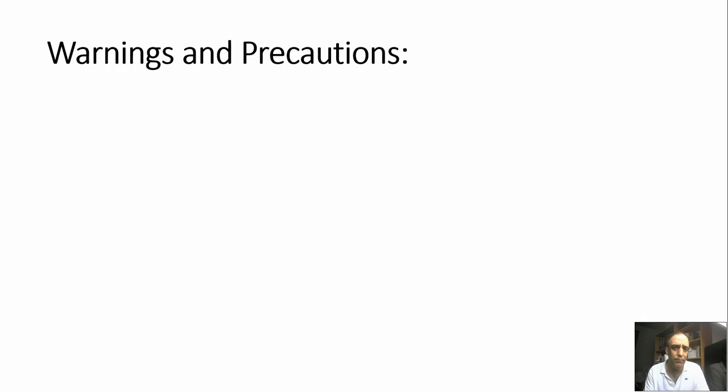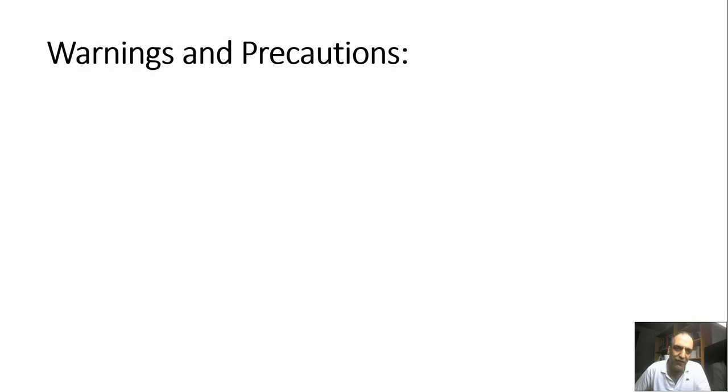Warnings and precautions. As I spoke before, because metabolism happens in the liver and excretion by the kidney, liver problems, hepatitis and liver disease are the first warning about this medicine.